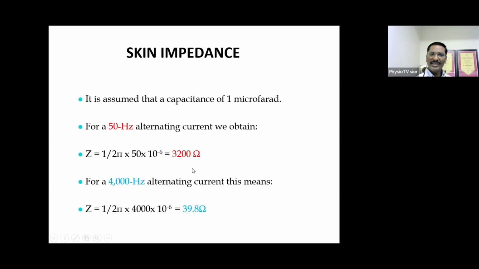And if instead of 50 hertz, we take 4000 hertz, and calculate it, the resistance offered to the frequency of 4000 is only 39.8 ohms.